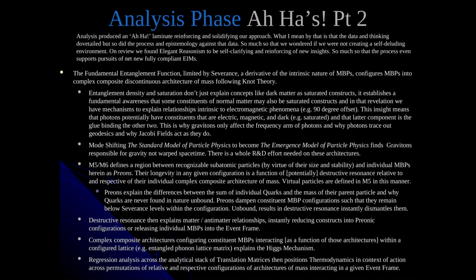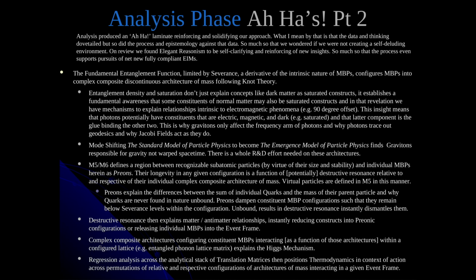In the standard model of particle physics, there are the normal subatomic particles, but there's also a list of 100 or so virtual particles that have a longevity of picoseconds or some very short period of time. Those kinds of particles are in a class in the emergence model called prions, and they have destructive resonances.